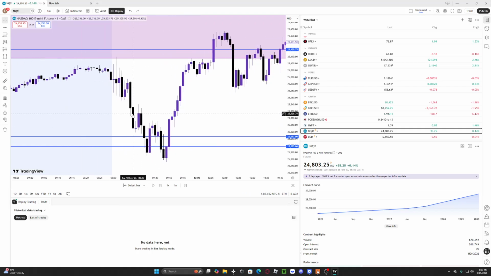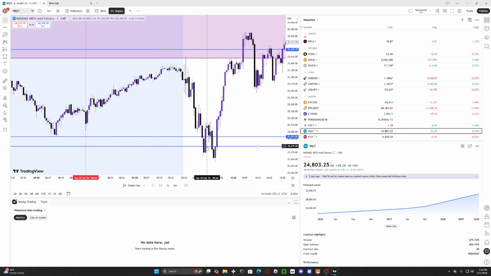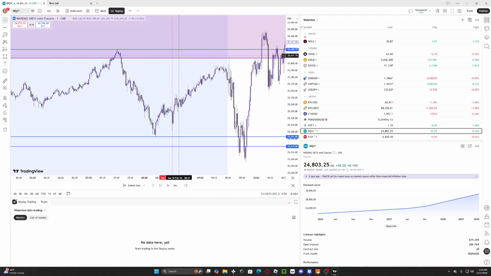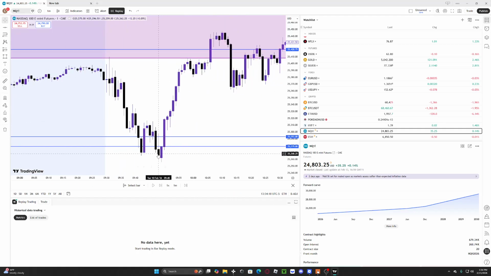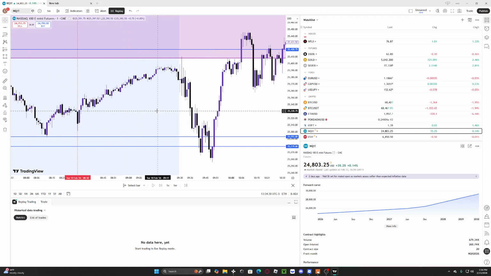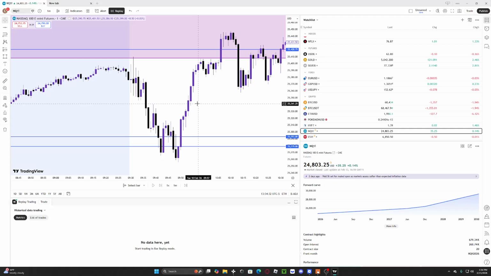So I would have probably entered off of a break of structure of this high right here. Get my entries, target. I'd probably take some profits here, and just the sessions. That's basically it for that. When I take my first take profit, I would move my stop loss to break even, so I have 100% made profit on the trade.